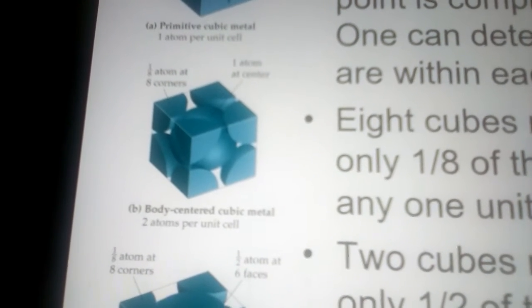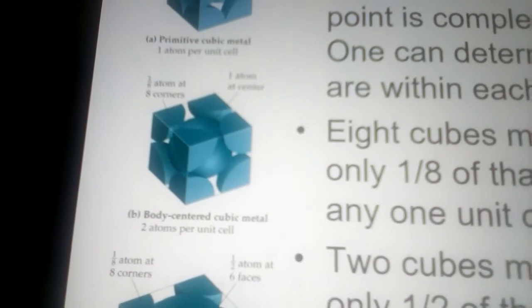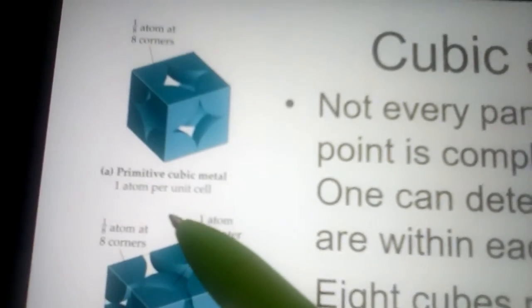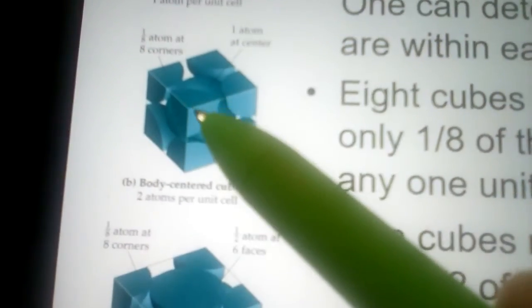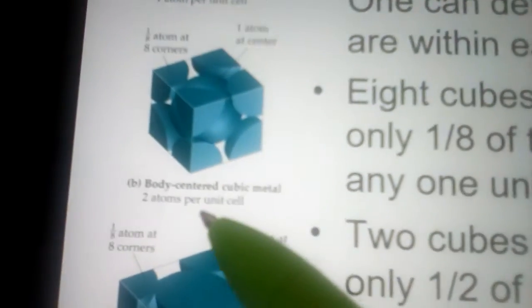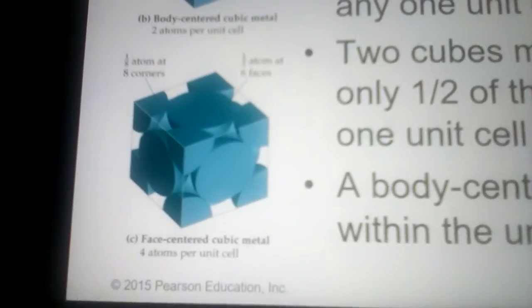So in addition to the 1/8 atoms on the corners, there's one whole atom in the middle. I didn't mention that up here, but it's important that there's just one atom in the unit cell for primitive cubic. For body-centered cubic, you've got 2 atoms in the unit cell. For the corners, it's 8 of them, but only 1/8 of an atom in each case, so 8 times 1/8. For the one in the middle, it's completely inside, so we'd add another 1. 1 plus 1 is 2 atoms in the unit cell.